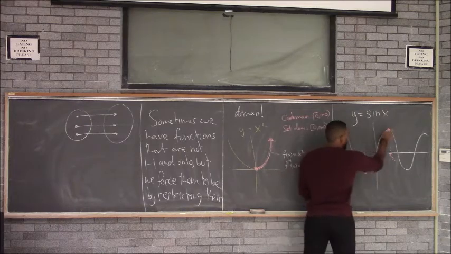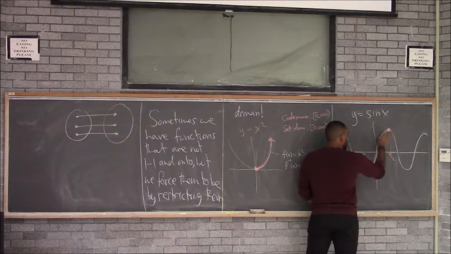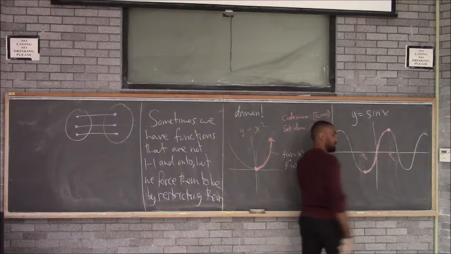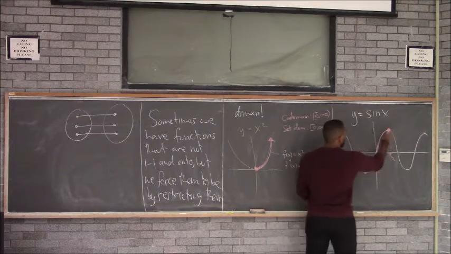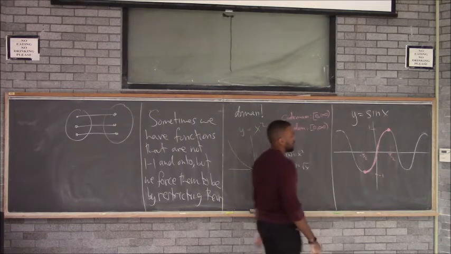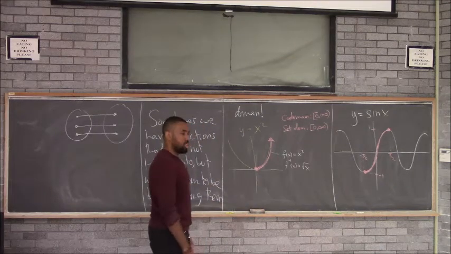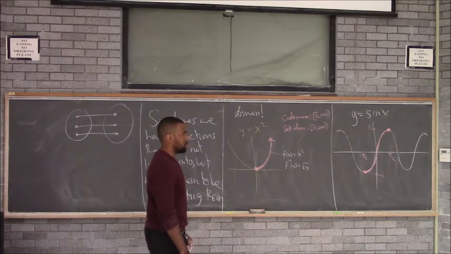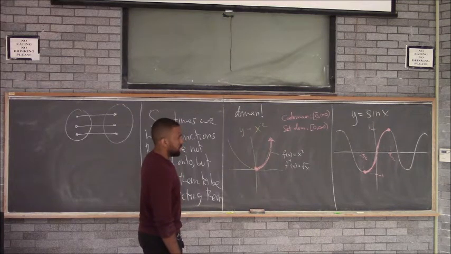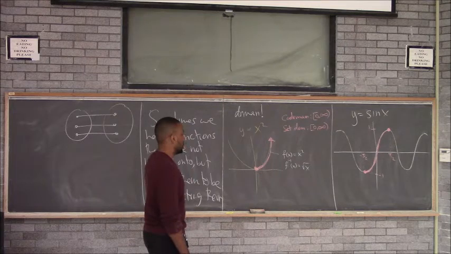And we only care about the piece of the function in between these two points. In other words, we ignore everything else. We think of the codomain as only the y values between plus and minus 1. And basically, just within that little window, this is a completely reversible function. It's one-to-one, and I can find all the original inputs if you tell me an output.